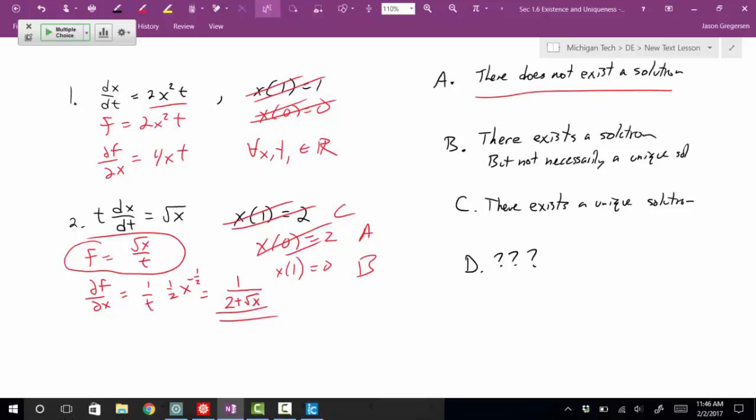I'm looking over there and saying, as long as x is not equal to 0 and t is not equal to 0, any other condition will lead to a unique solution. So now I really know what regions of the plane I am sure there are going to be unique solutions. And once again, we're also dividing the plane now, because I can't have my solutions cross over those discontinuities. So I can only guarantee that the solution is continuous in those little subregions. So now I'm restricted there.